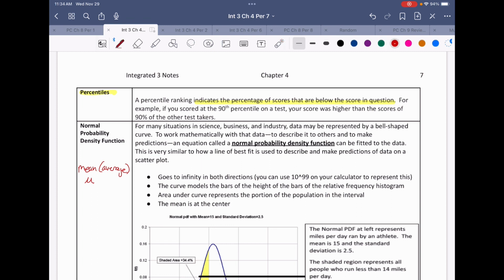And then standard deviation, another statistical term, they use this lowercase sigma, which looks like a little circle with a little curly hat on top of it. That's sigma. So we need to know this for the test. Mean is mu, standard deviation is sigma.